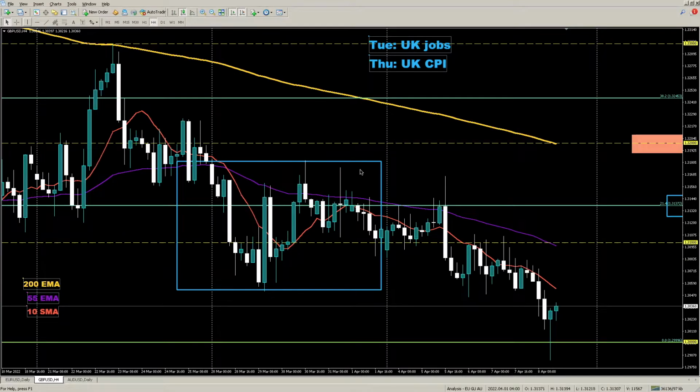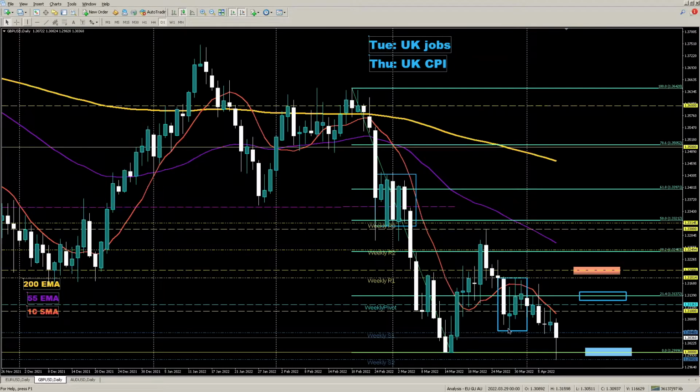And it has been consolidating last week in this area and continued to consolidate for most of this week, last week as well, before just on Friday started drifting lower and just to hit that weekly S2 pivot before bouncing back up. Let's remove this level here, this consolidation zone. Let's move it out.